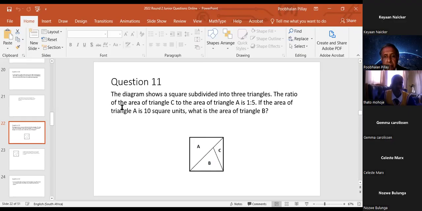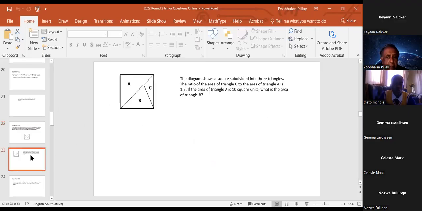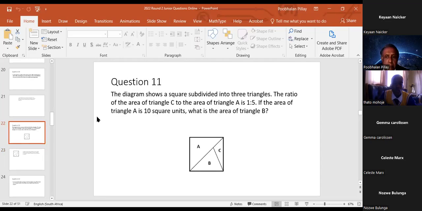The ratio of the area of triangle C to triangle A is 1:5. So what does it mean? It means that this area to the A, the full area, the ratio is 1:5.